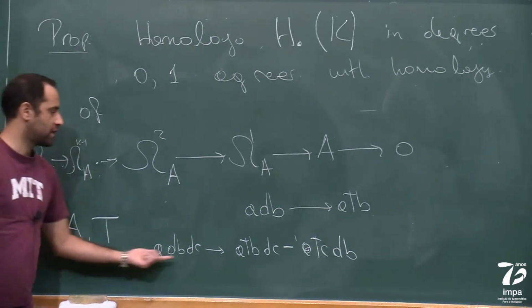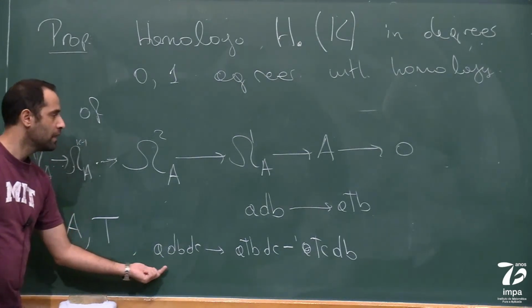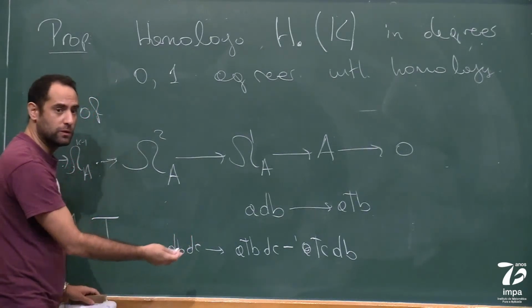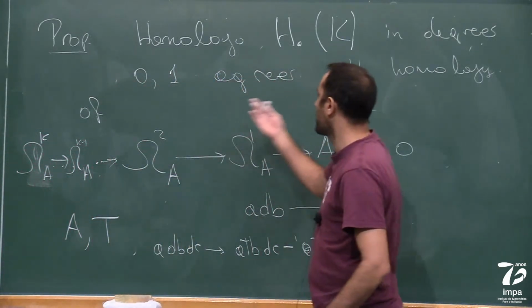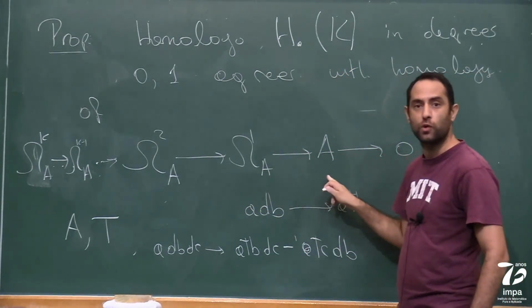So that's the contraction of T with each one of these. The kernel of this modulo the image of this is this Koszul homology. And by the differential that I wrote, the homology in degree 1 coincides with this Koszul homology.